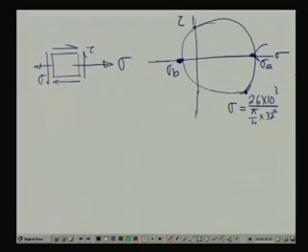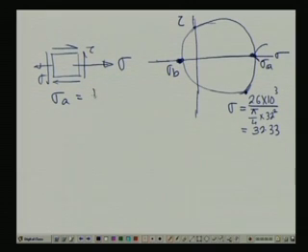So, this is pi by 4 d square, the area. That gives you a stress value of 32.33.